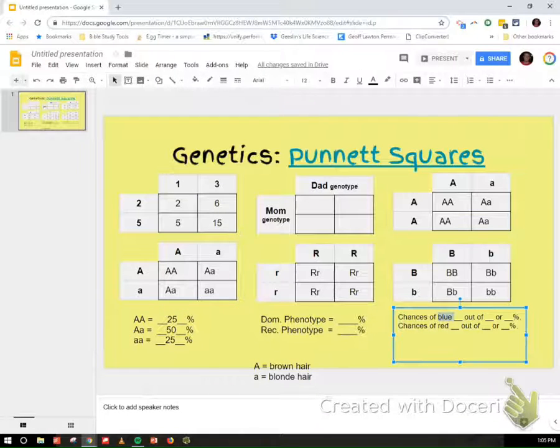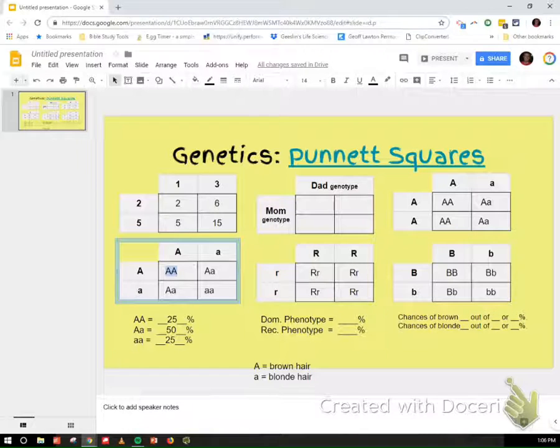If not, let's look at it over here. Let's change these letters. So if we replace this, chances of brown, and again, the Punnett square is the probability of something happening. So the chances of brown is going to be this one.